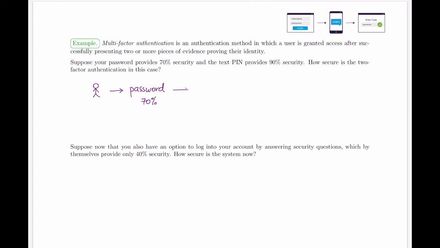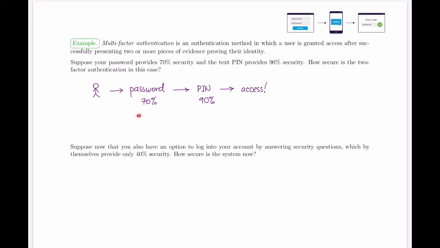But then they can't access the system quite yet. They also have to enter the PIN. And the PIN, because it's received on your device, provides about 90% security, because in order to hack the PIN, the attacker must also have had access to your phone or other device. Once we have that, the access will be granted. So the question is, how secure is this system?